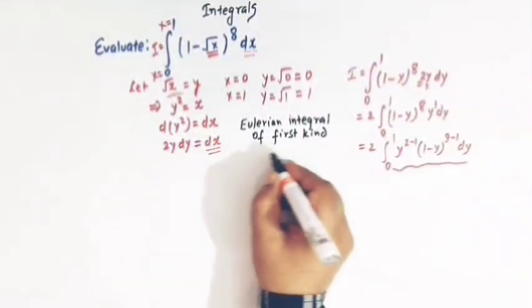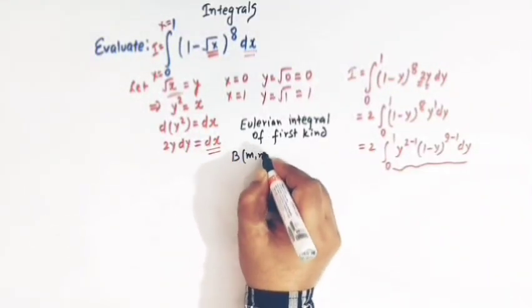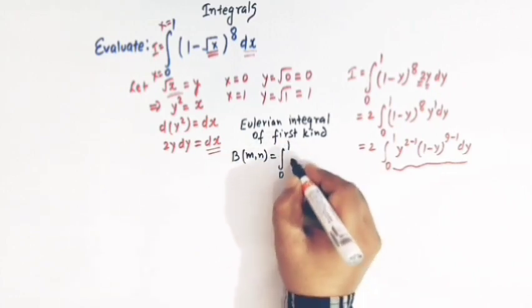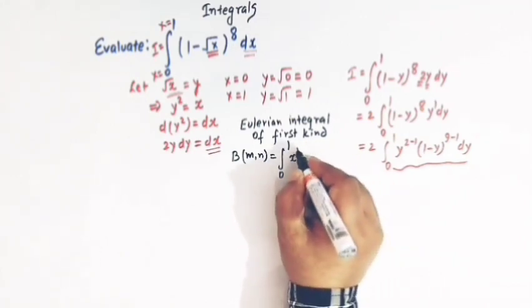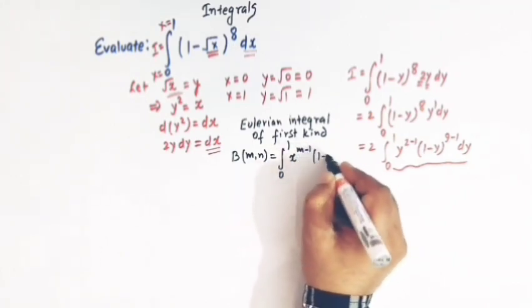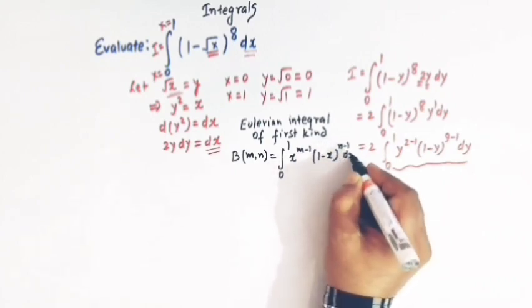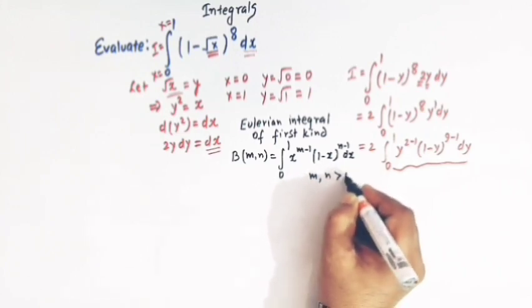Now see, the beta function, that is beta mn, is defined by this integral, 0 to 1, x raised to m minus 1 and 1 minus x raised to n minus 1 dx, where m and n are greater than 0.